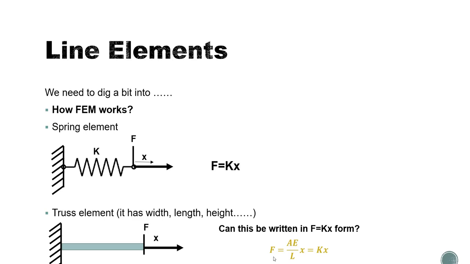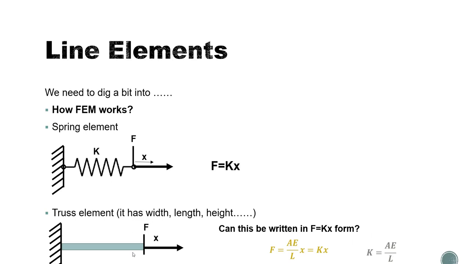Here you see this is the formula for deflection, where the force can be written as F equal to AE by L times x, where A is the cross-sectional area of this truss, E is the Young's modulus, L is the length, and x is the displacement. Since A, E, and L are the properties of the cross-section and material, we can combine these in a single constant K. So it can be written as K equal to AE by L.